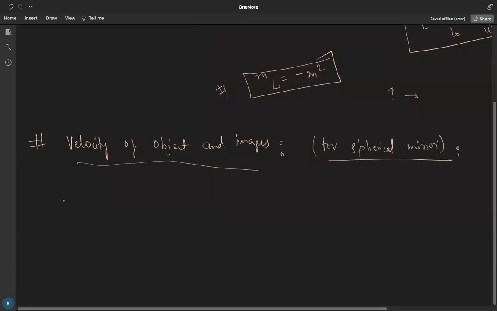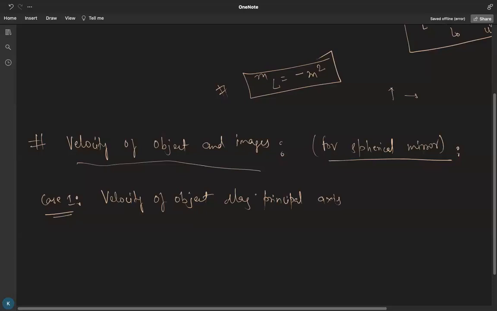So as we all know, we are starting from case one: velocity of object along the principal axis. These are the cases that we are going to discuss today: along the principal axis and perpendicular to the principal axis.